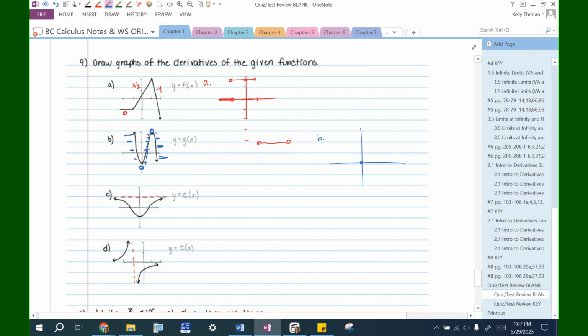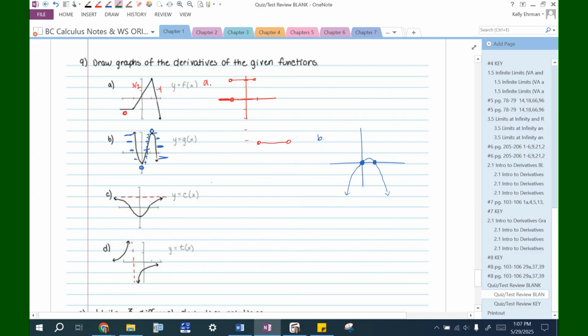There's one at 0, and there's one at 1. So I always put my zeros in first. That's where the velocity or derivative is 0. And then it started out super negative and got close to 0, so something like that. And then it got positive for a while and came back to 0, and then down here. This is a very ugly graph, but that's my rough sketch for f prime.